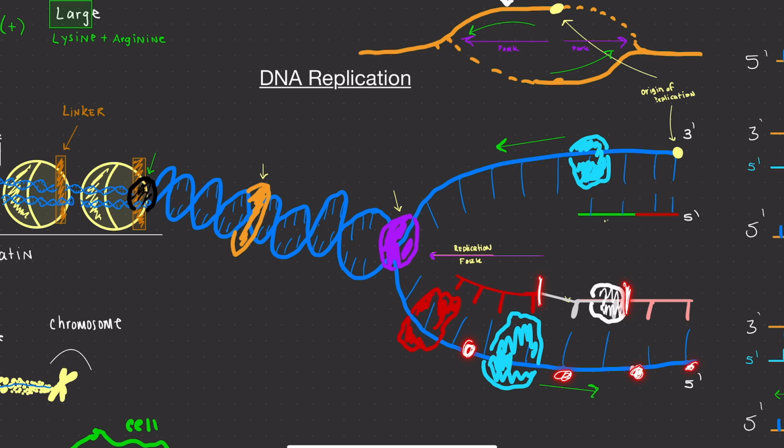And it takes place in a fragmented manner where multiple DNA polymerases enter the mix and slowly move 5' to 3', adding nucleotides. These fragments are known as Okazaki fragments.